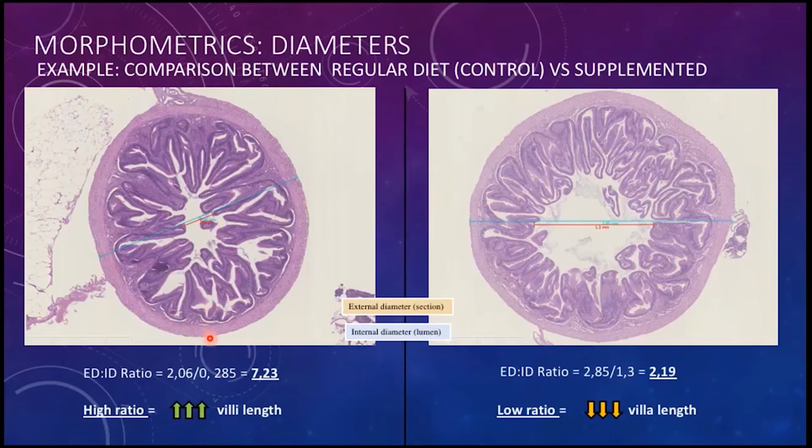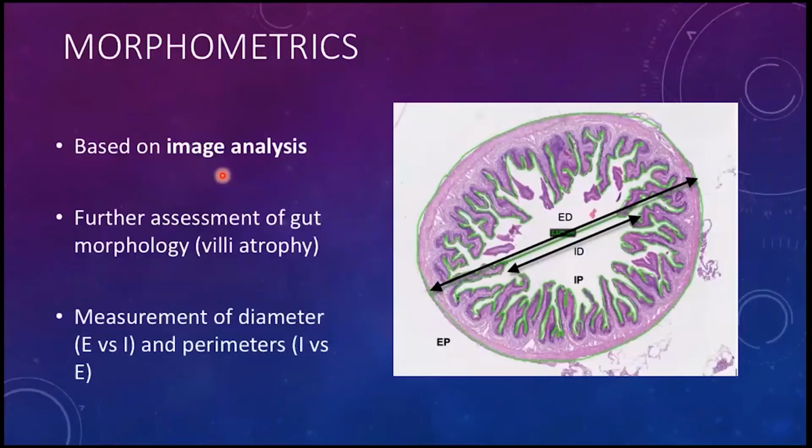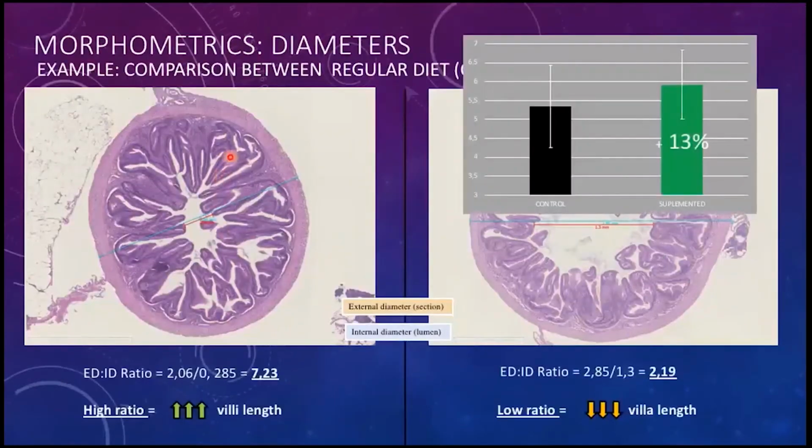the internal diameter to external diameter ratio is higher, it's bigger, when you have well-developed intestinal folds. As you can see, it's 13% bigger in the supplemented diet. The smaller the ratio, the more atrophy that particular intestine section presents.